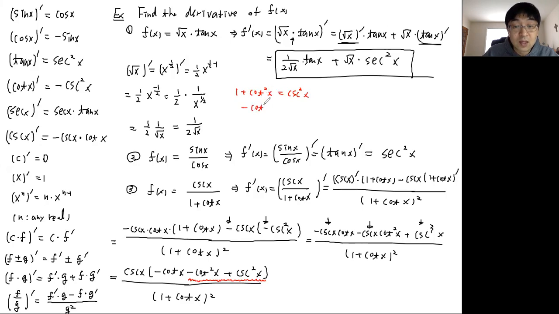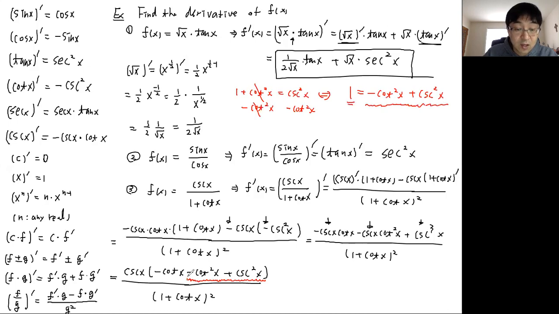Negative cotangent squared of x, negative cotangent squared of x. So what happens? The 1 equals, this is cancelled, negative cotangent squared x plus cosecant squared of x. You can replace. Negative cotangent squared x plus cosecant squared of x is exactly 1.